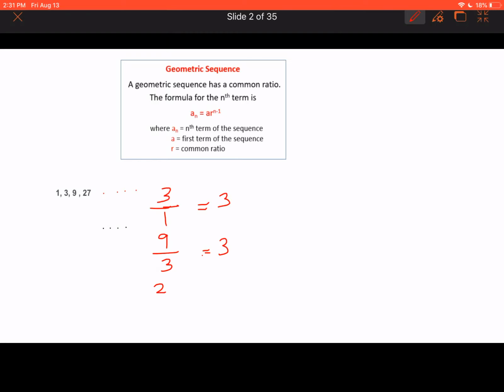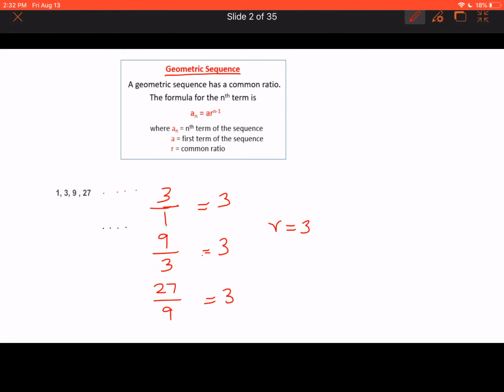And the ratio of the fourth term to the third term is also 3. Since the ratio between the different terms in the sequence is the same number, 3, the sequence is considered a geometric sequence. So in identifying a geometric sequence, we have to find the ratio between the terms.